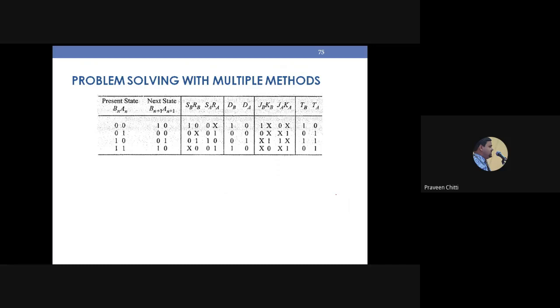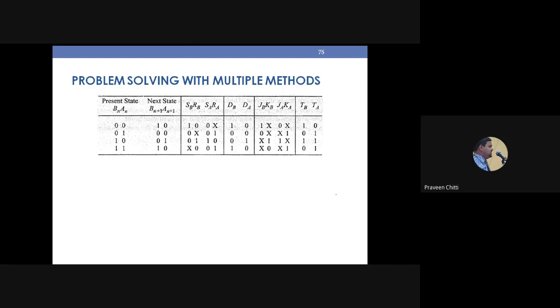Present state, next state you have to write, and based on which flip-flop you are using, you write the flip-flop inputs. If you use SR flip-flop, you will get a total of 4 inputs. If you use D flip-flop, you will get only 2 inputs. If you use JK flip-flop, again 4 inputs. And if you use T flip-flops, again 2 inputs.